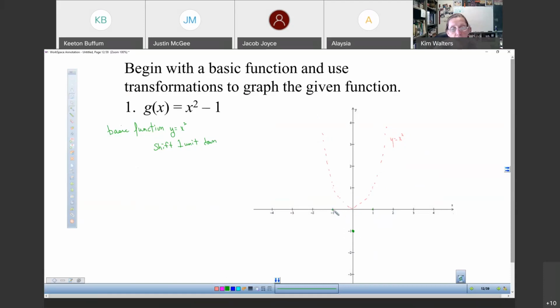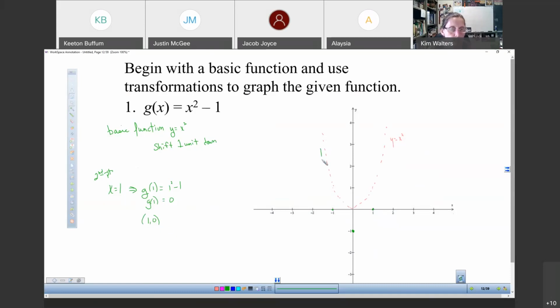If you want to check a second point, and there are a couple of these quadratics where you're going to have to actually plot the points, you would plot your turning point first and then one of these points. I could find a second point by saying x is equal to 1. If x is equal to 1, I plug 1 in for my x, square 1, and subtract 1, and I get g of 1 is equal to 0. So my point would be 1, 0, and that confirms this.